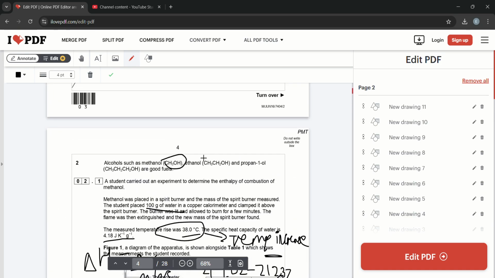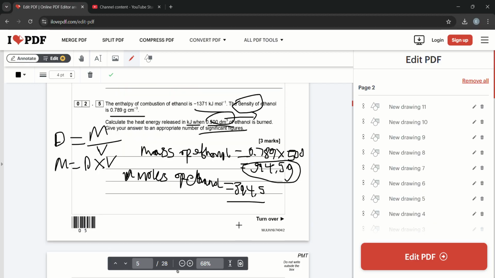Ethanol is that, so it's 12 for carbon, plus 3 hydrogens, plus 12, plus 2, plus 16, plus 1, which is 46. Divided by 46, that gives me 8.58.